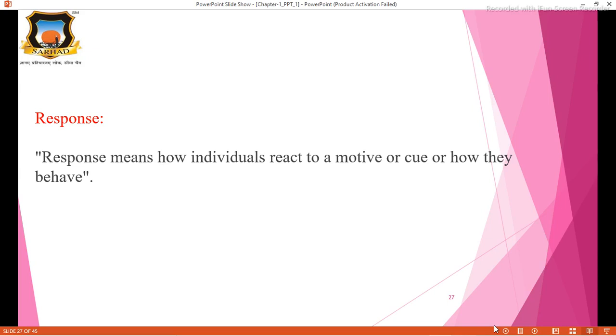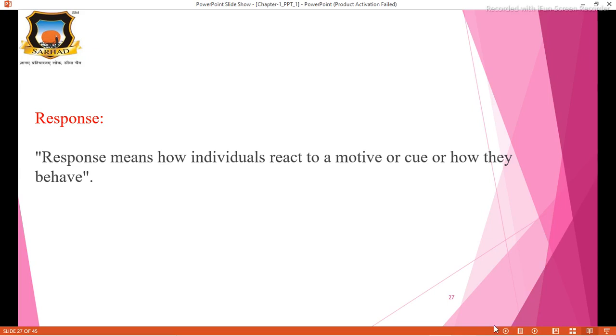A response is not tied to a need in a one-to-one fashion. If the manufacturer succeeds in forming a favorable image of a particular automobile model in a consumer's mind, when the consumer is ready to buy, it is likely that he or she will consider that make and model. In responses, they are reacting here.